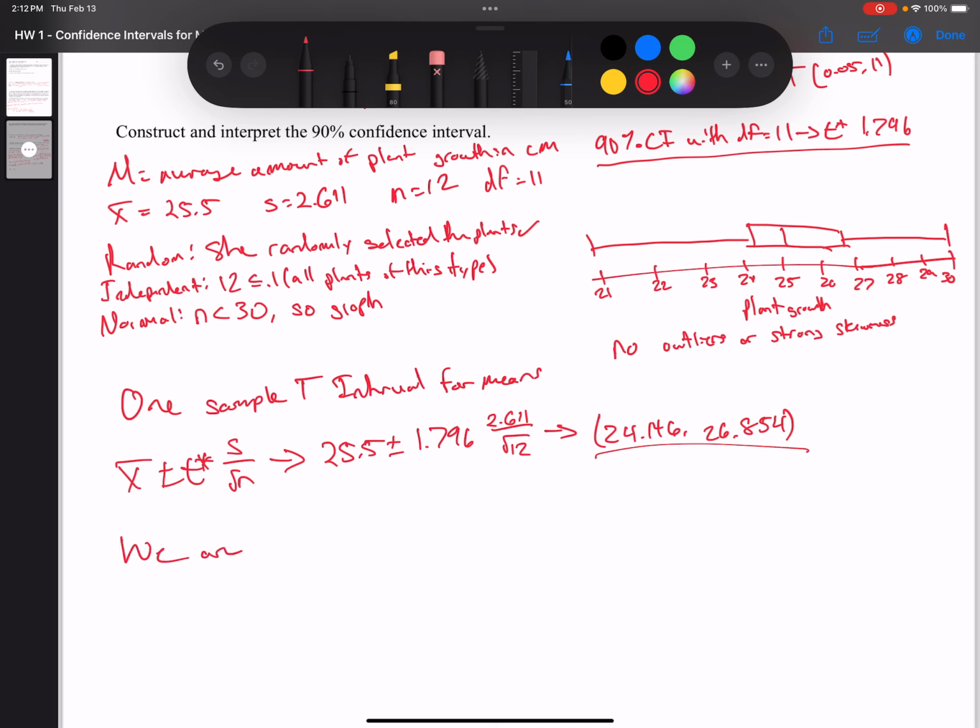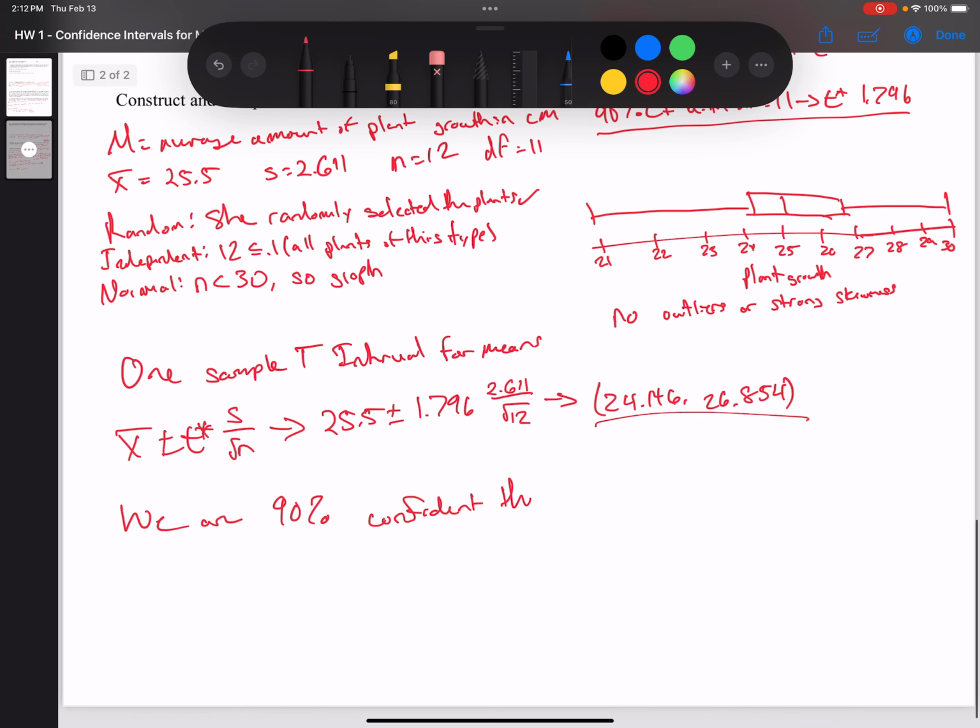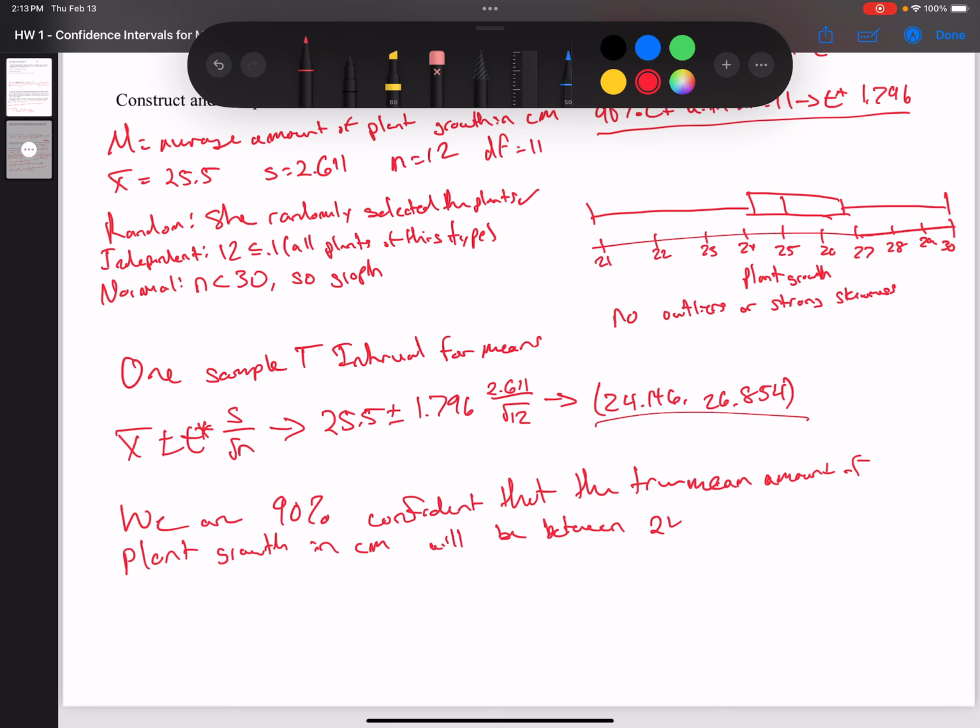So we are 90% confident that the true mean amount of plant growth in centimeters will be between 24.146 centimeters and 26.854 centimeters. And there you go.